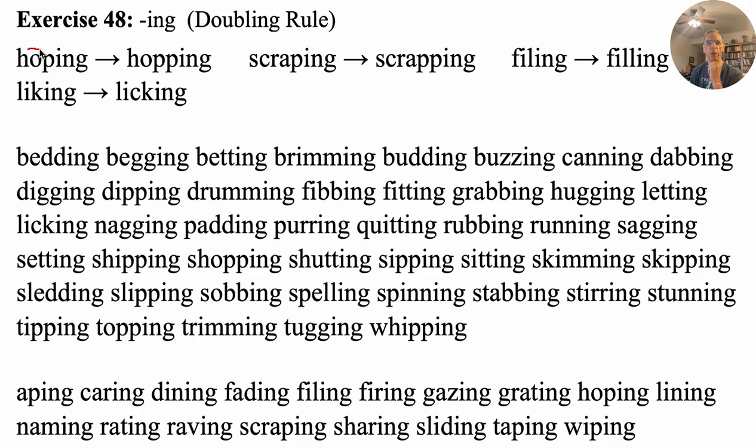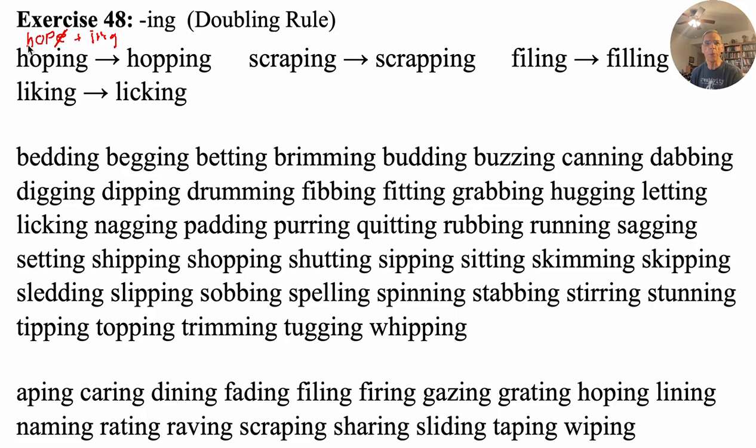And so this O here is going to be long because it is at the end of the syllable. It may be of help to us to look at the word hope. Let me write it very quickly. H-O-P-E, and when you add I-N-G, you delete this E right here.